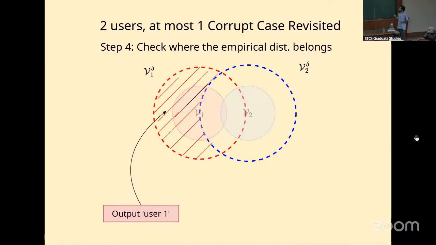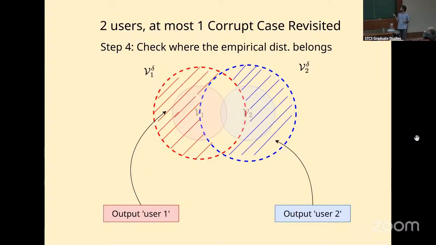In the fourth step, we check where this empirical distribution lies. If it lies in v1 minus v2, then it is probably user 1, because this is the set of distributions which user 1 could have generated, but not user 2, up to a total variation gap.